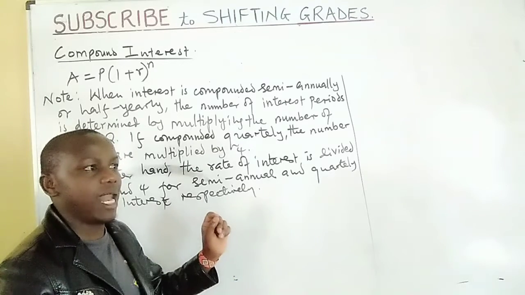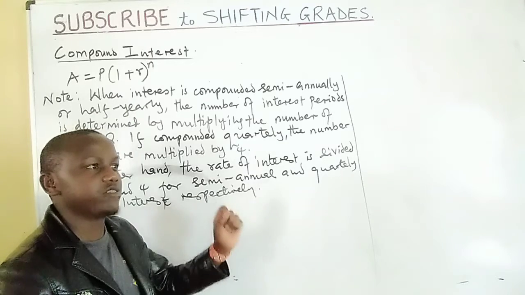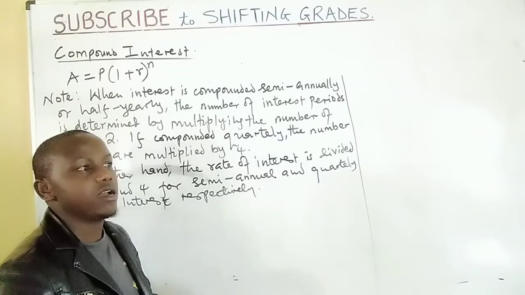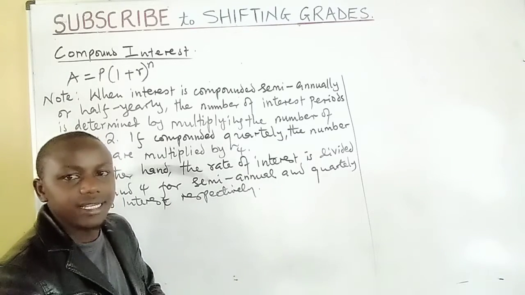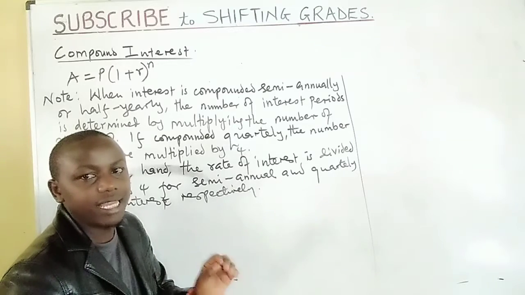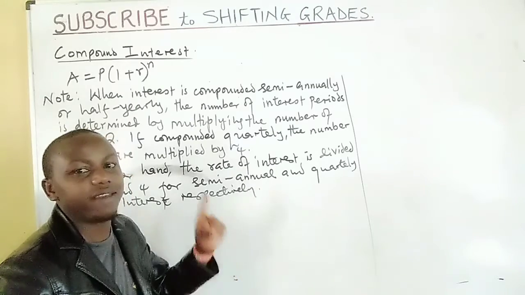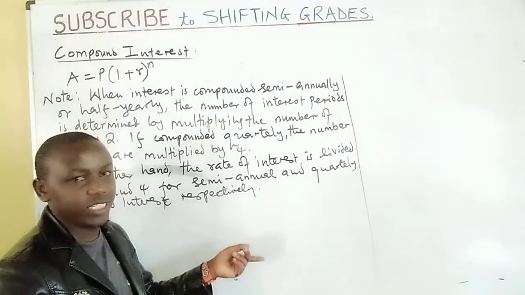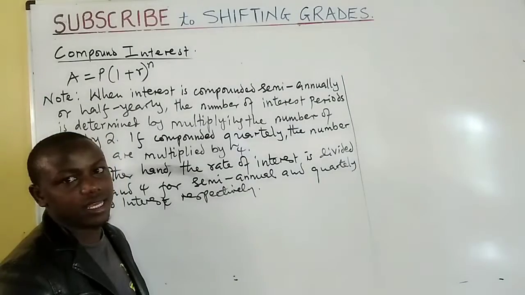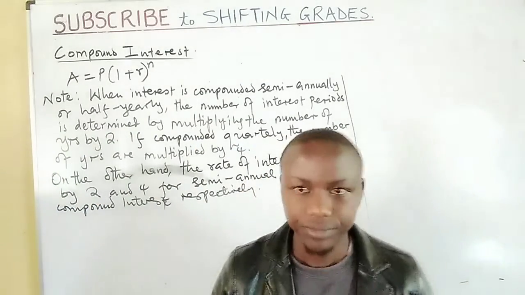So as we multiply the seasons or the periods for compound interest by 2 or 4 depending on the question, then contrarily we divide the rate of interest, because if per year it's a given rate, then in a quarter of a year it will be a quarter of that rate, because the year has not ended. Let me climax this with an example.